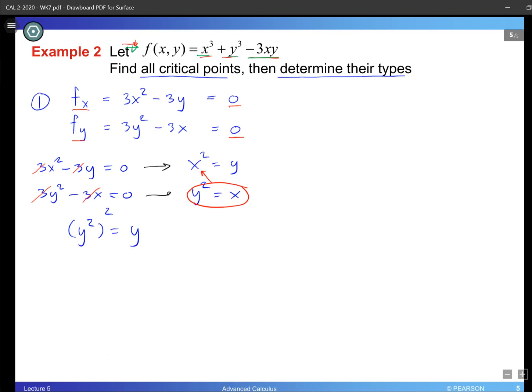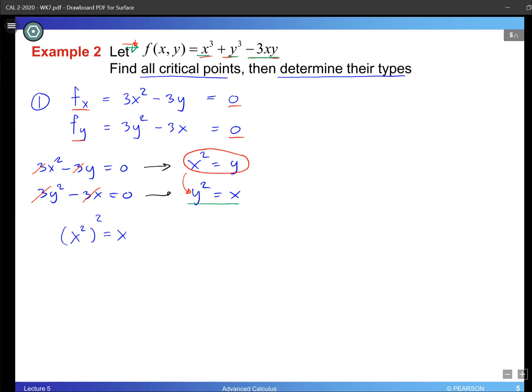Well, this one is not wrong, but I like x better. So let me change this one. Instead of that, I am going to work on this one, y equals x squared, right? So I am going to put this into this y right here. And I am going to get x squared inside and then squared outside, and it's going to be equal to x. This is based on the second equation.